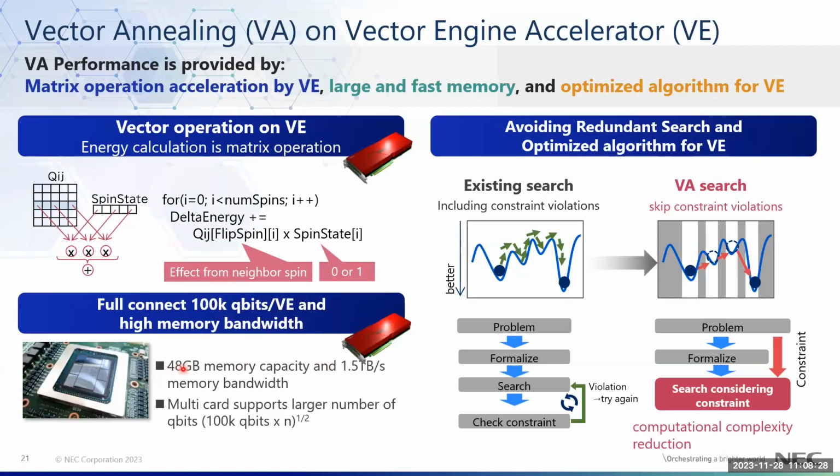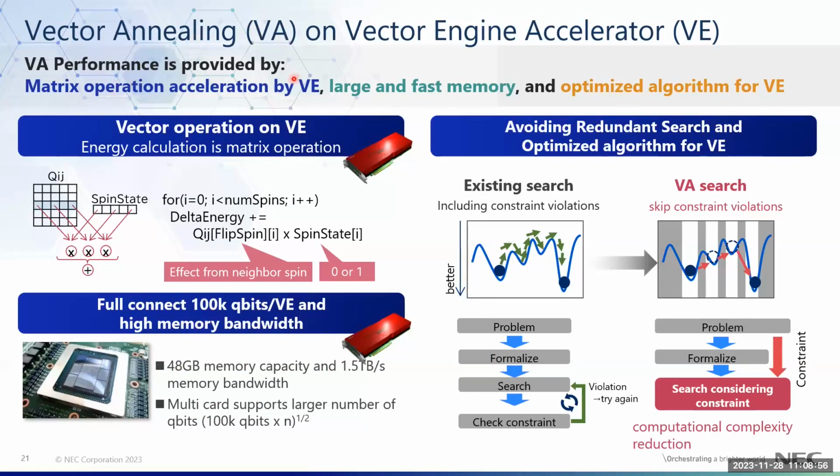So using this 48 GB memory, we can work with problems dealing with up to 100,000 fully connected qubits, which is a large number compared to the annealing devices that are available today. And if you want to add more cards, then multiple cards are supported. Together, 8 cards can simulate up to 300,000 fully connected qubits.